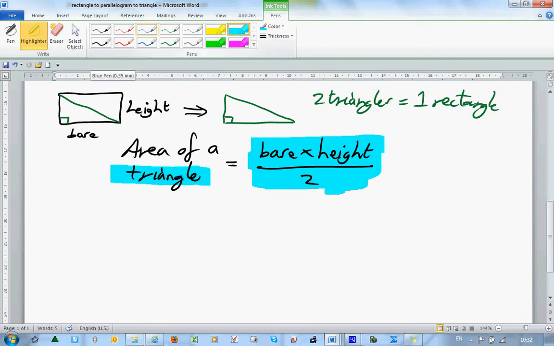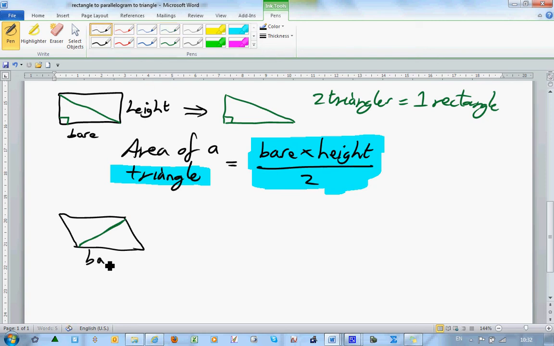But we have just seen that using the idea of a parallelogram to start with, we can actually cut that one to make triangles again. So in this case, there's our base, but remember, with a parallelogram, that is our height.